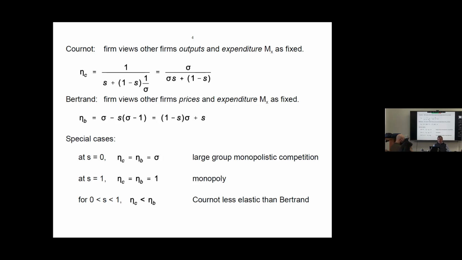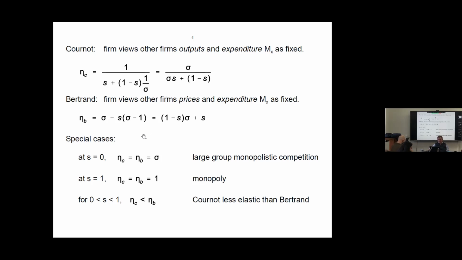For intermediate values, suppose there's 5 firms, then Cournot is less elastic than Bertrand. I won't try to show that on the slide. So for small numbers of firms, the Cournot markup is going to be larger than the Bertrand markup.